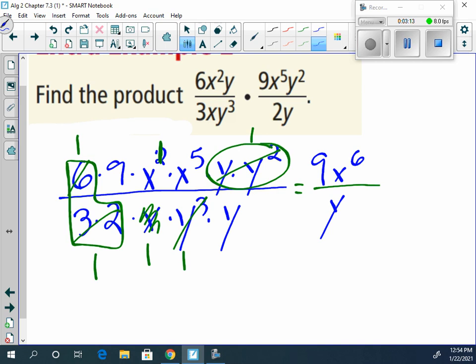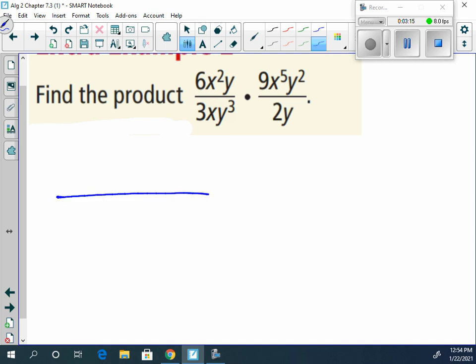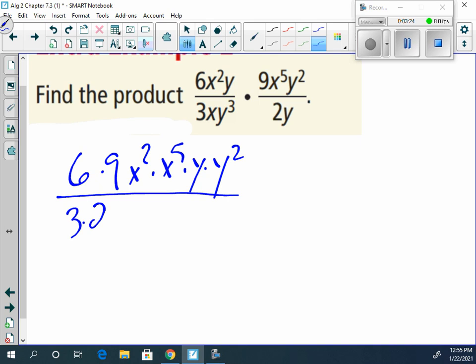Now, the way we looked at this yesterday would have been doing 6 times 9, x squared, x to the 5th, y times y squared, over 3 times 2 times x times y cubed times y. Because when we looked at this yesterday, we would have done 6 times 9, which would have given us 54. 3 times 2 is 6.